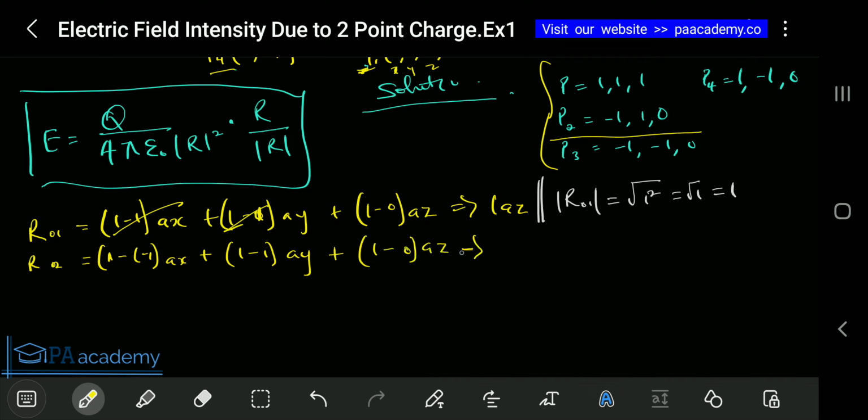If you do this, we are going to get 1 minus 1... that's 2AX, so don't forget to put the bar at the top, plus 1 minus 1, this is 0, this is out, then 1 minus 0, that will be 1, so we can just write it as plus AZ.